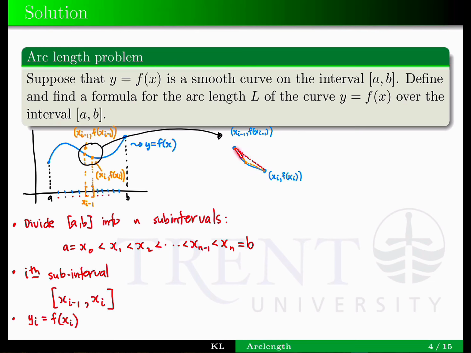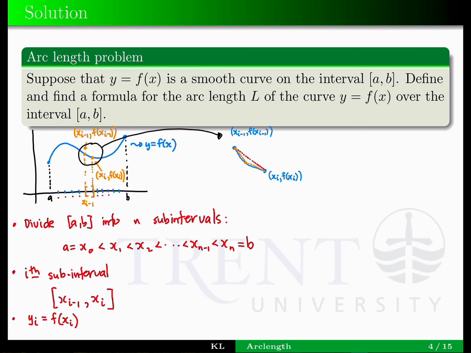Meaning the sum of these two line segments will cover more of the length of this curve than this one line segment would. So as you increase the number of subintervals, we get closer and closer to the actual length of the curve.